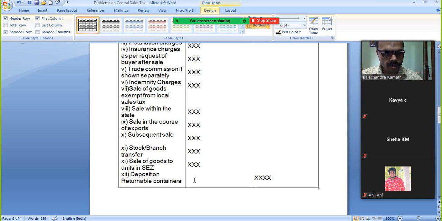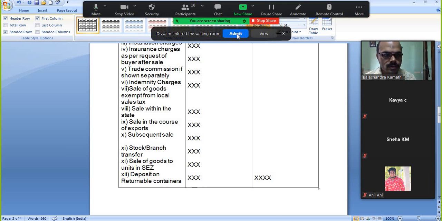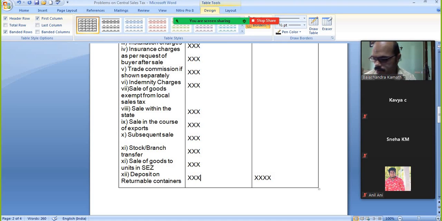I have to return that container to the seller. So if the seller is taking any deposit on returnable containers, that also needs to be deducted. So what is that amount?